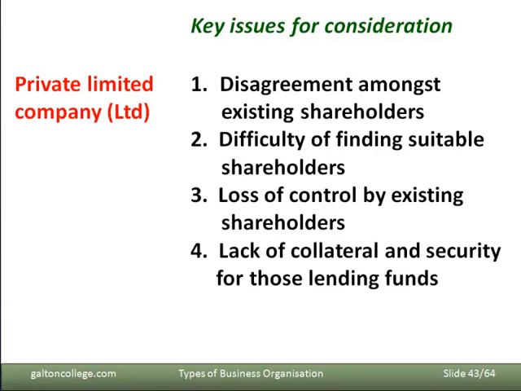And there might be a lack of collateral and security for those lending the funds, the banks, for example. Just because they're private limited companies doesn't mean that they've got assets that are available to secure loans. It's an issue that the banks might want to consider before they make a loan.